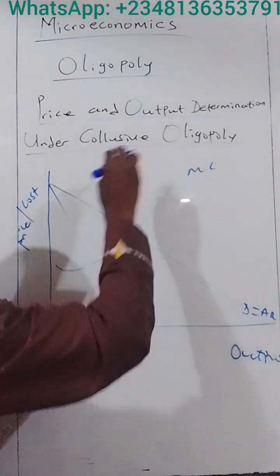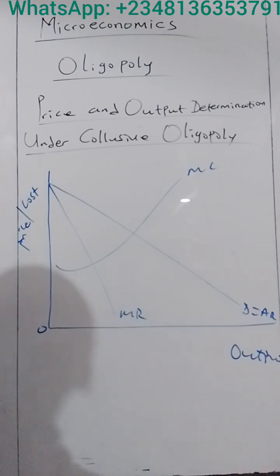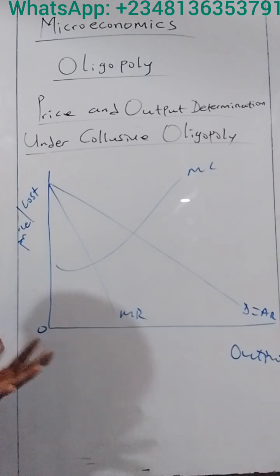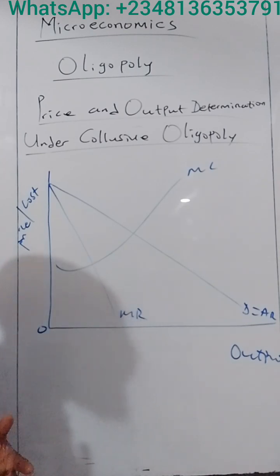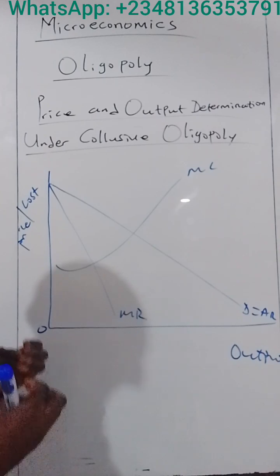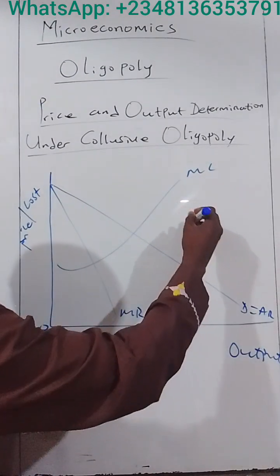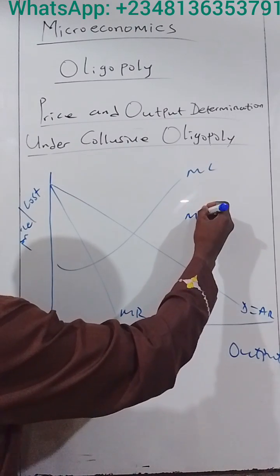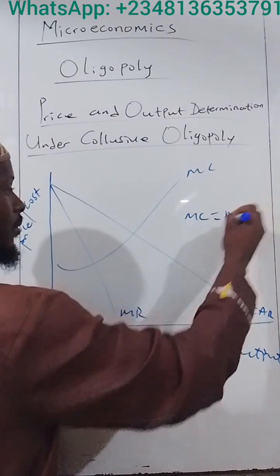In equilibrium, the goal of the firms is to maximize profit. Individual firms in this market want to maximize profit, but because they are colluding, they are going to maximize profit jointly, supplying under one umbrella as a single firm. So to maximize profit jointly, the market's marginal cost will be equal to the marginal revenue.